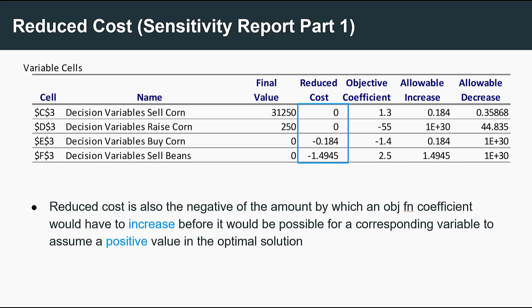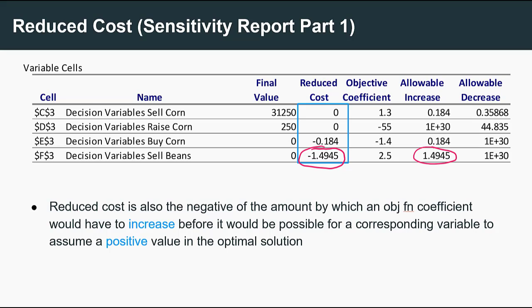If you pay attention to the sensitivity report closely enough, you will notice that the reduced cost is also linked to another value in the sensitivity report. Pay attention here that the reduced cost is minus 1.4945.